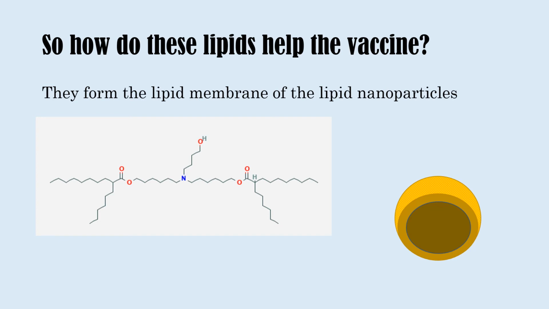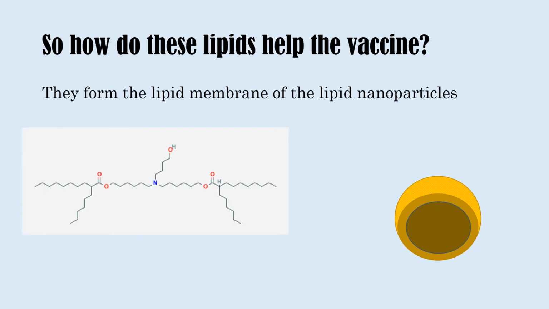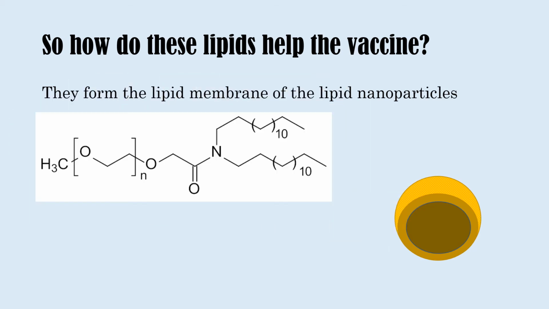But this particular one, which was the very first, is a cationic lipid, so it's used to attract the RNA and keep it in place inside the liposome. We'll call these lipid nanoparticles liposomes. You can do that too. That's what helps it stay inside the liposome. So that's good. You put that in.